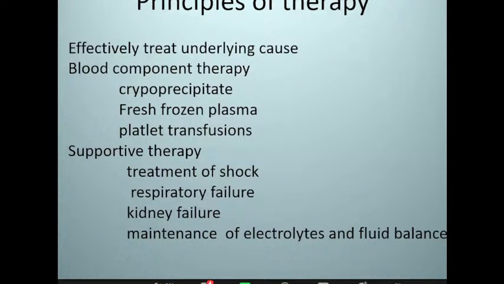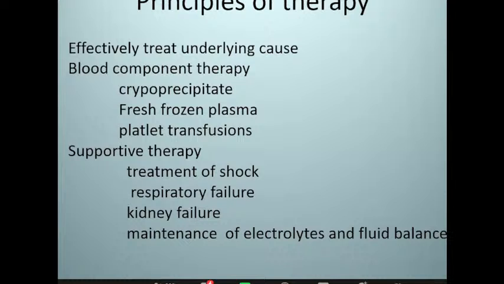And when we are treating these patients, first and foremost, we have to treat the underlying cause. If it's an infection, a gram-negative infection, we need to use broad-spectrum antibiotics, maybe the third, fourth generation cephalosporins, and other more powerful antibiotics that are available for treating sepsis.